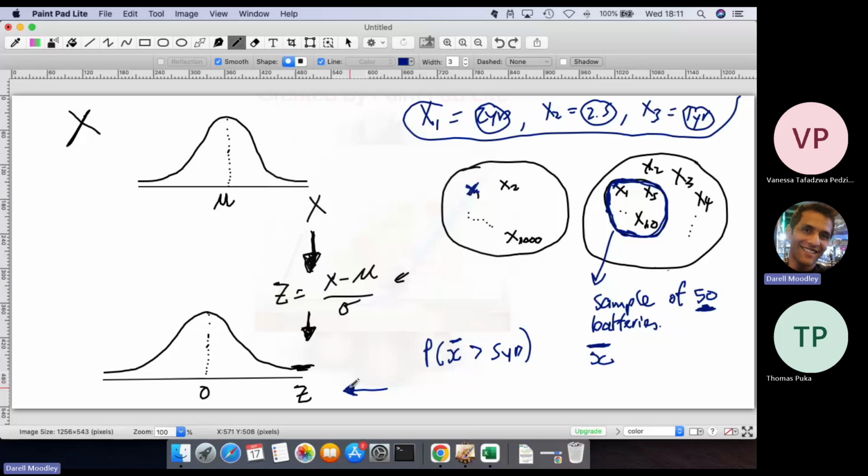The table is in the back of your book. The difference from what we've done on the left is how we go from X bar to Z. How do we go from X bar to make it a Z value so we can use the table in the book? That's what I'm going to cover now.